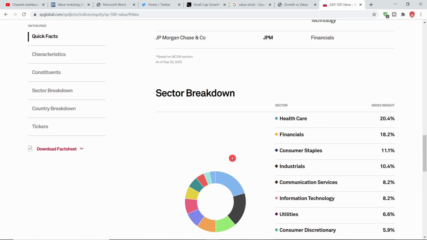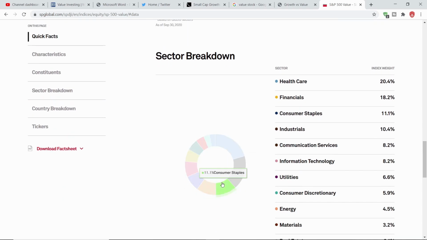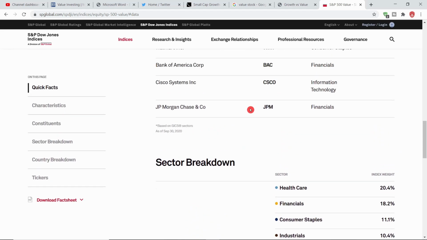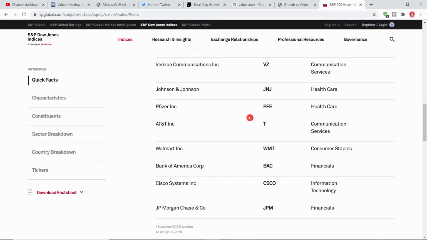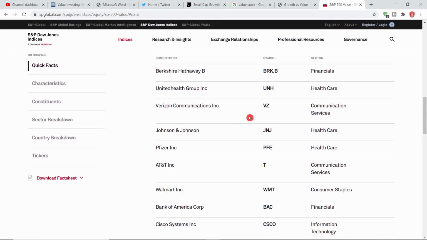So we can see there's a massive weighting to healthcare, financials, and then consumer staples, with industrials taking up the third and fourth spot respectively. So let's take a look at a few of these companies, just a brief overview, to let you know the surprising quality of these value stocks given the current market conditions.